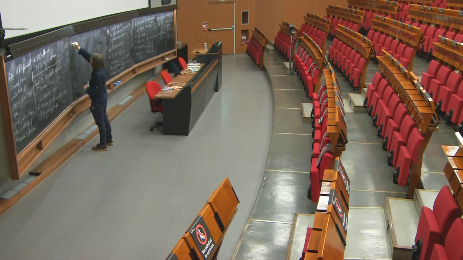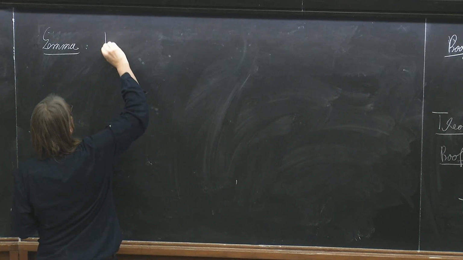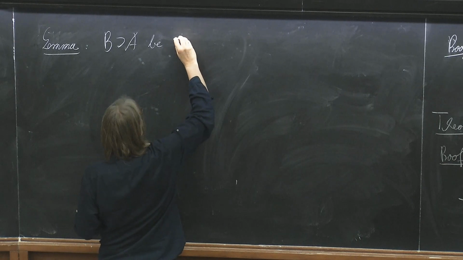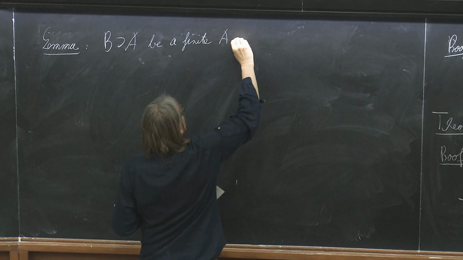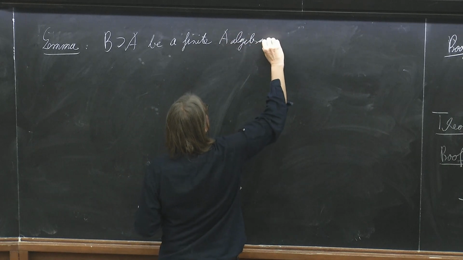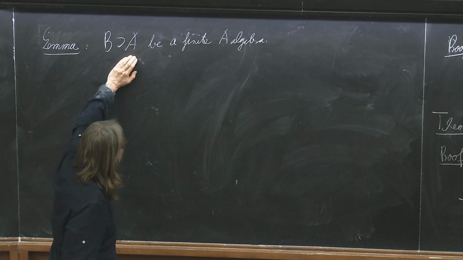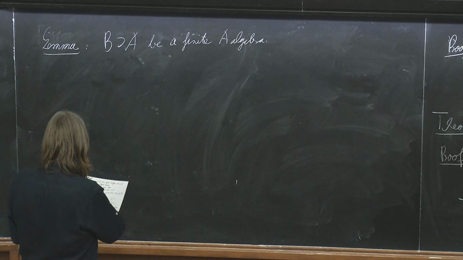So lemma, take a finite A-algebra B. In our case B is AX, A is AY, or strictly speaking F star AY.